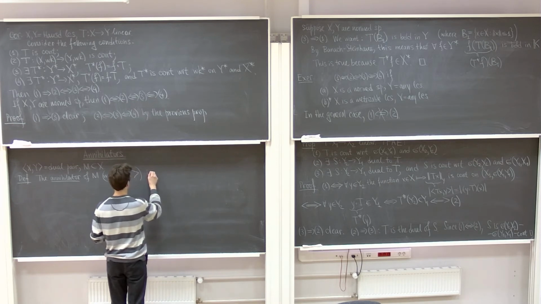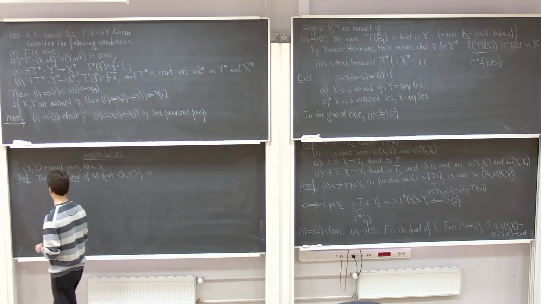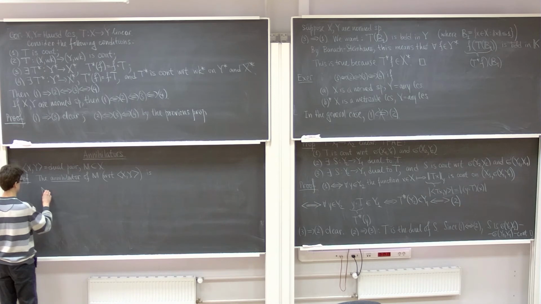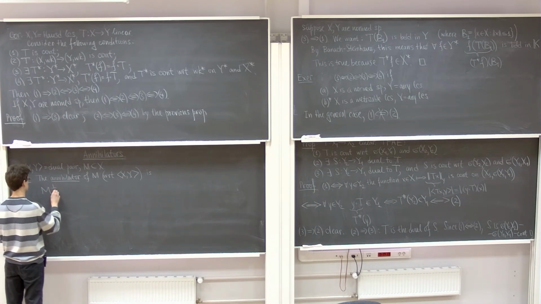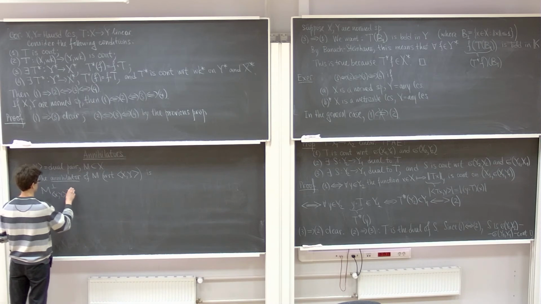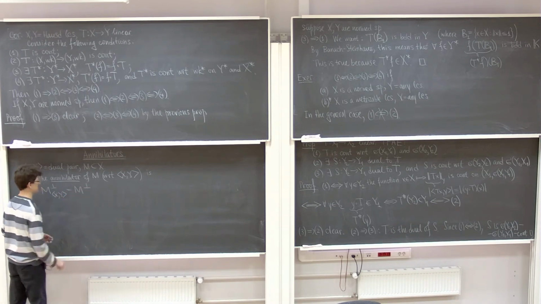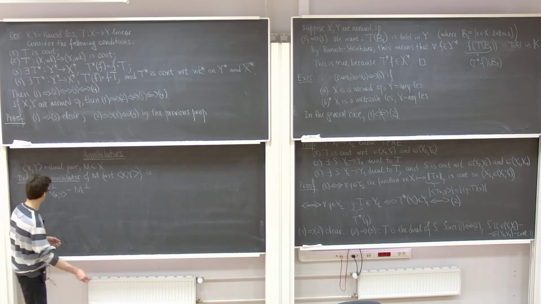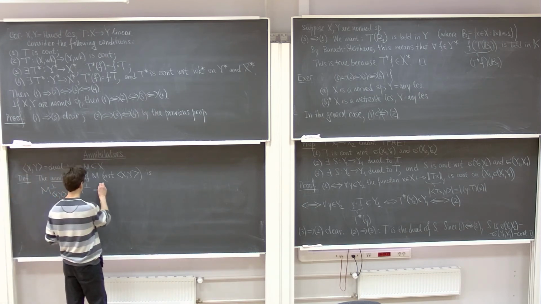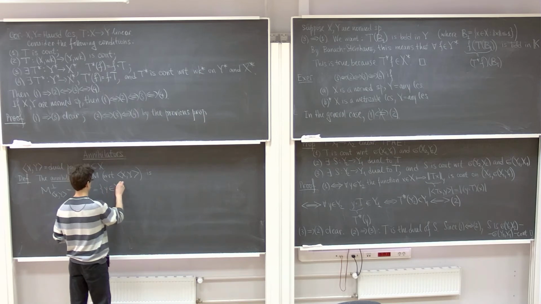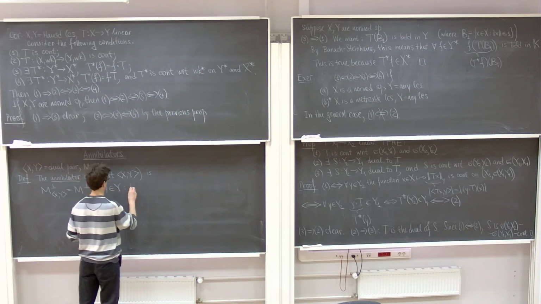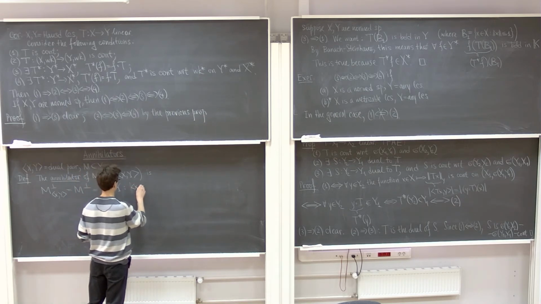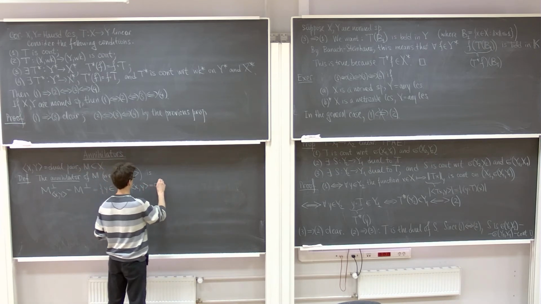So the annihilator is a subset in Y, denoted like this, or simply like this when we suppose that our dual pair is fixed. And it consists of all elements y in Y such that the pairing of x and y is 0 for all x in M.